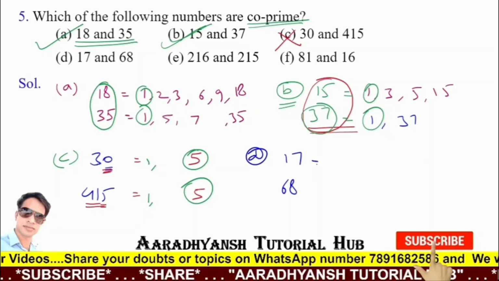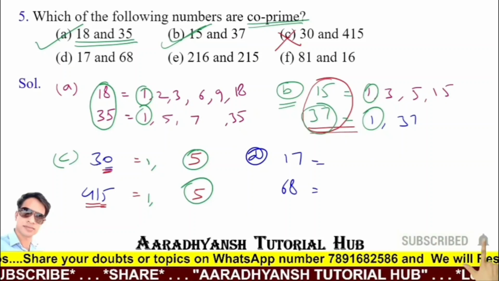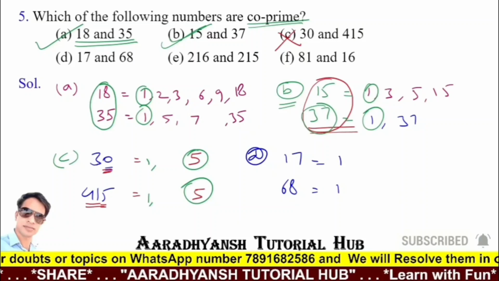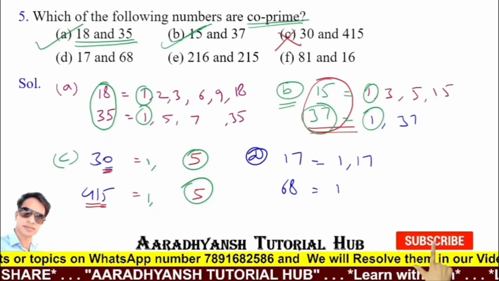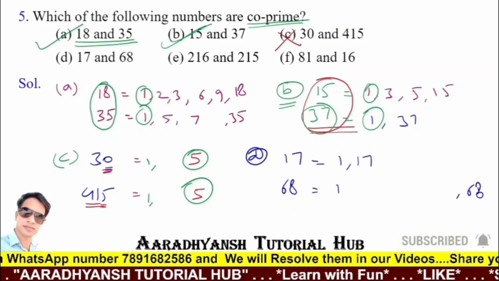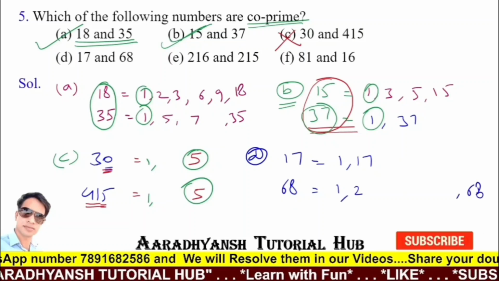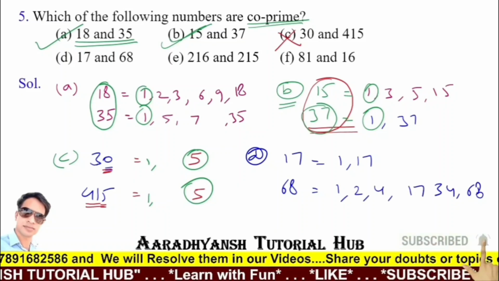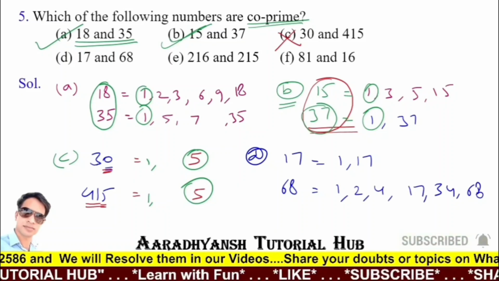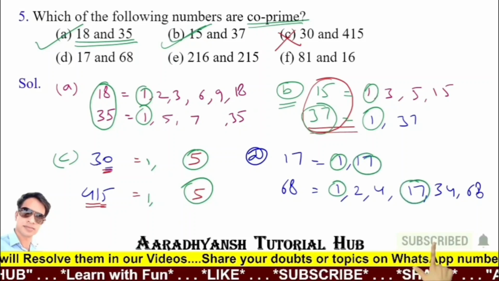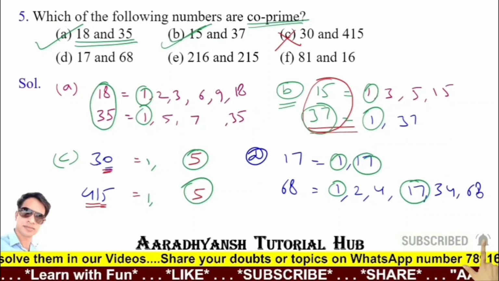17 and 68. Here, factors of 17 are 1 and 17, and factors of 68 are 1 and 68, 2 and 34, 4 and 17. You can easily identify there are two factors that are common, 1 and 17.